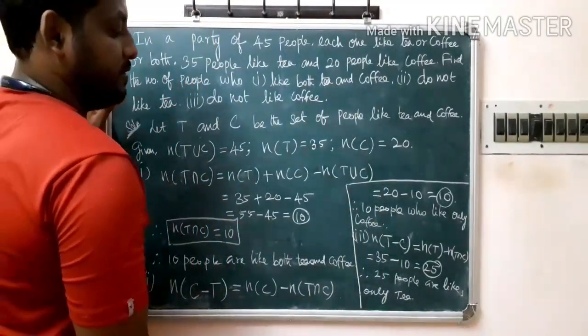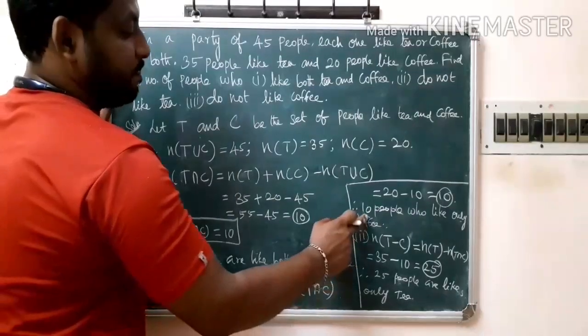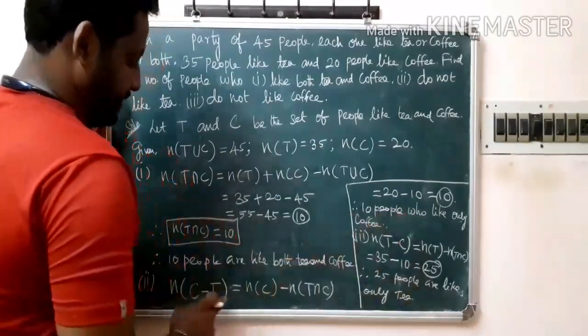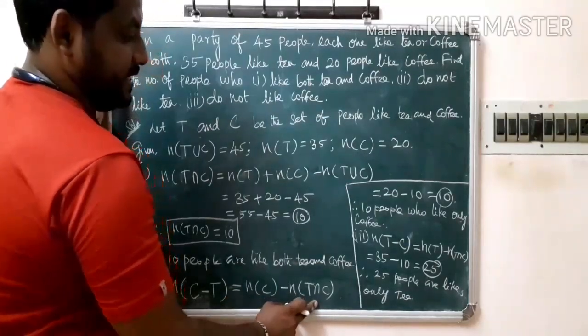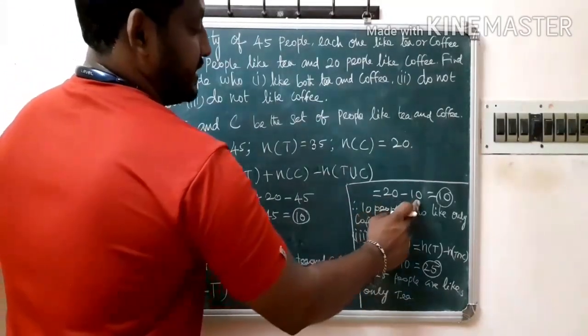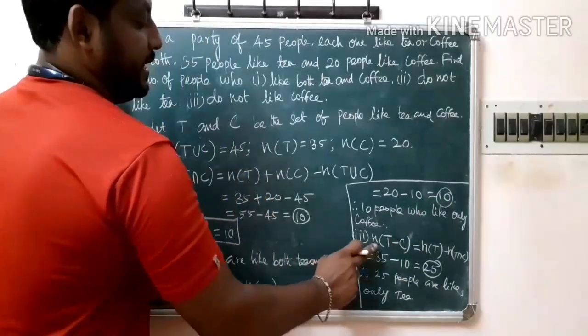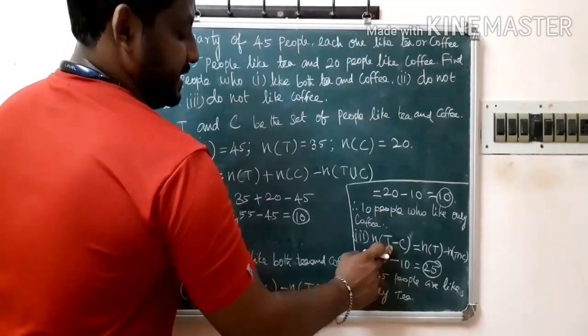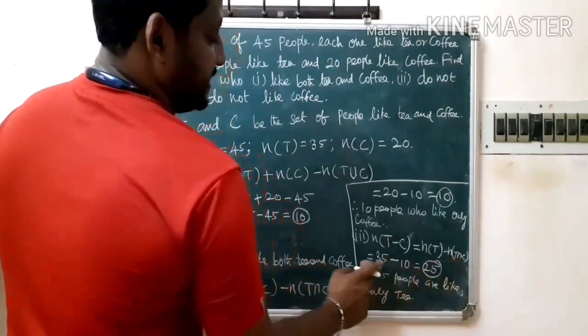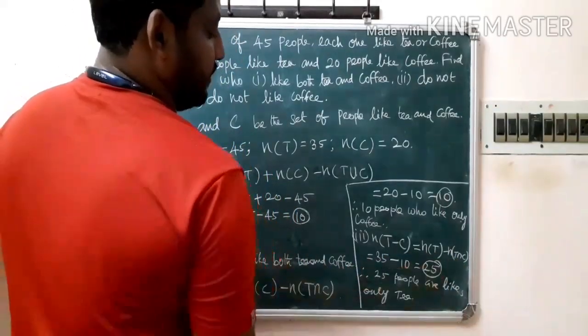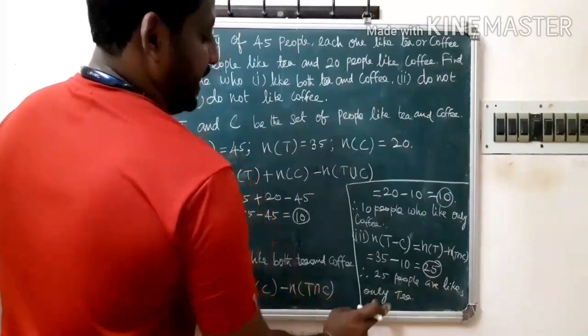So n of C difference T is equal to n of C minus n of T intersection C. 20 minus 10 is equal to 10. And then T difference C is n of T minus n of T intersection C, that is 35 minus 10 is equal to 25. So 25 people like only tea.